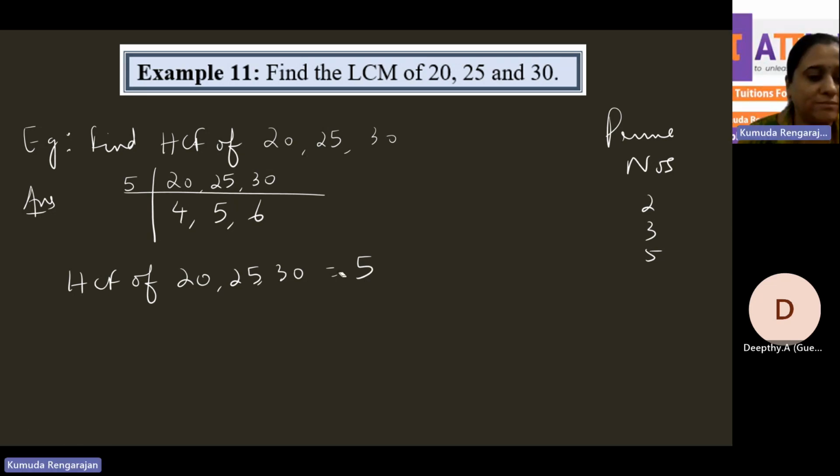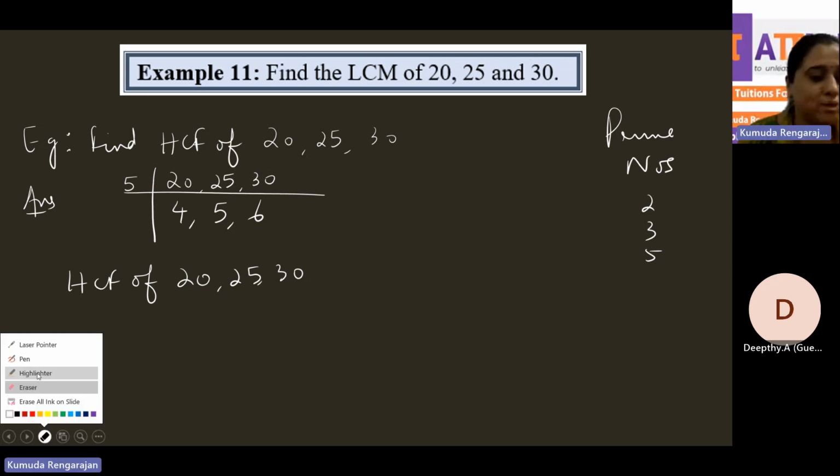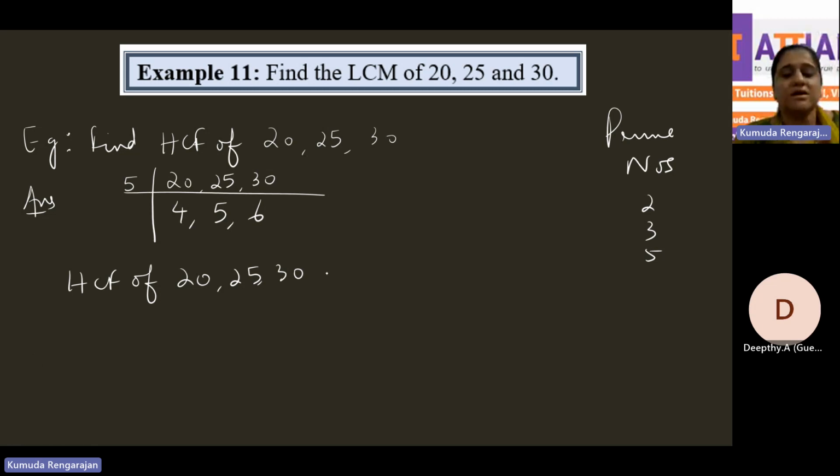For LCM, you can choose a prime factor such that at least one of the three numbers is divisible by that prime factor, correct?